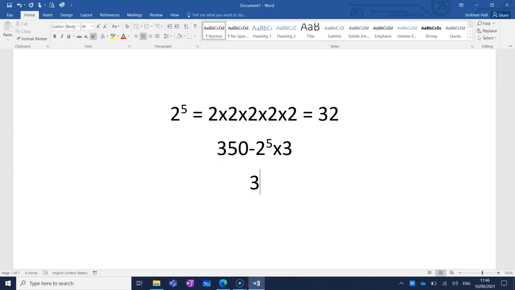So my next line would be 350 minus 32 multiplied by 3. And my next line then, because multiplication takes precedence over subtraction, would be 350 minus 96. So my final answer would be 254.